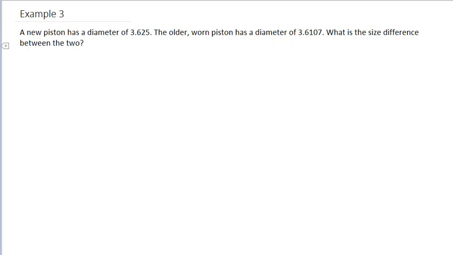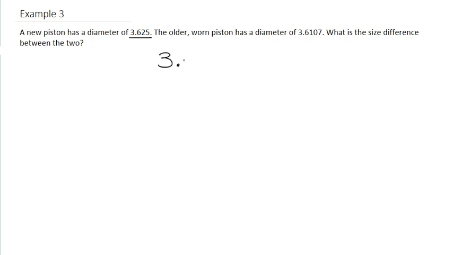Example 3. A new piston has a diameter of 3.625. The older worn piston has a diameter of 3.6107. What is the size difference between the two? So how we do this is we're going to put the larger number on the top, which is the 3.625, as 0.62 is greater than 0.61.